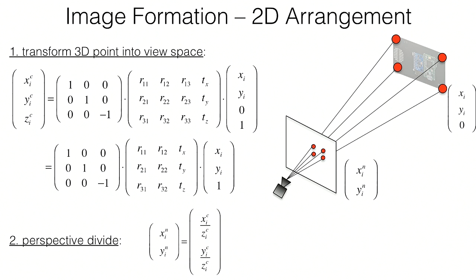So now we put it all together. This is, again, the graphics pipeline. On the upper right, we have the coordinates x_i, y_i, 0, and then 1, because the z-coordinate of the photodiodes is 0. So this is a homogeneous coordinate.